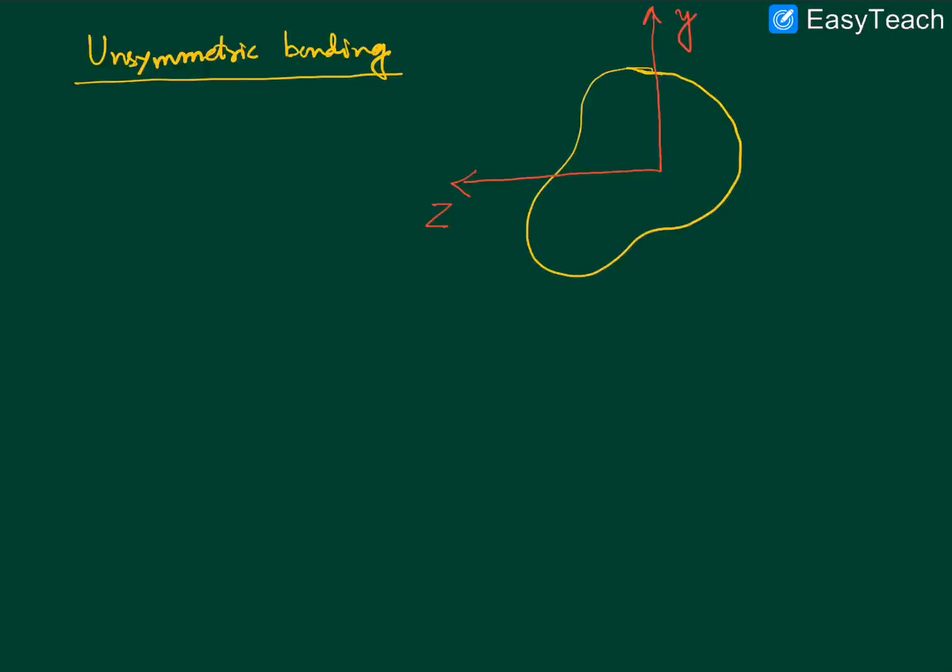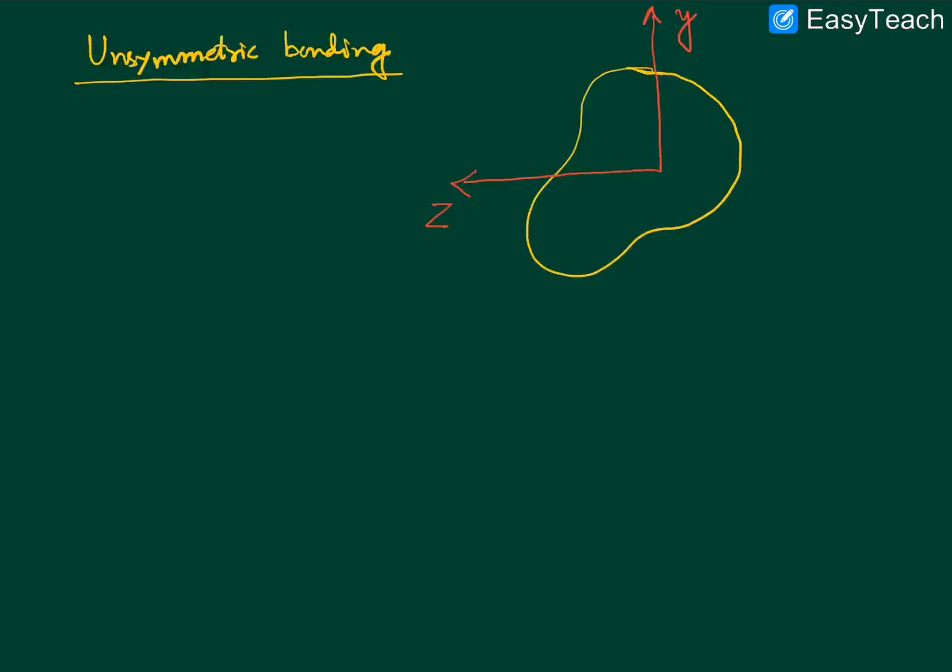What I will note here very importantly is that because this is an irregular cross section, there is no symmetry here, which means that, as you can clearly see, this y-axis is certainly not any vertical axis of symmetry. The z-axis is certainly not any horizontal axis of symmetry. These are just some arbitrarily chosen mutually perpendicular coordinate axes.